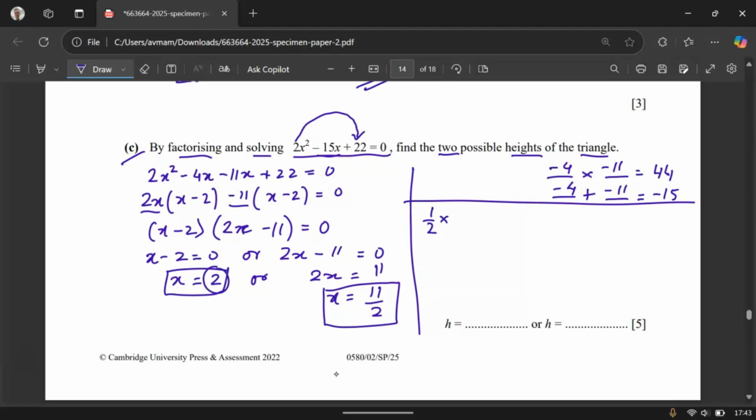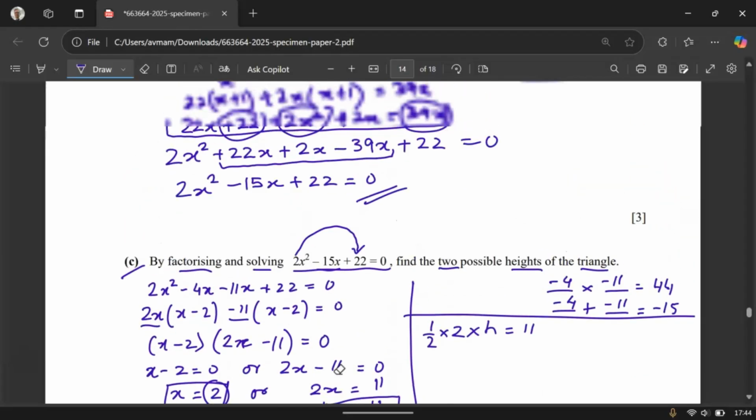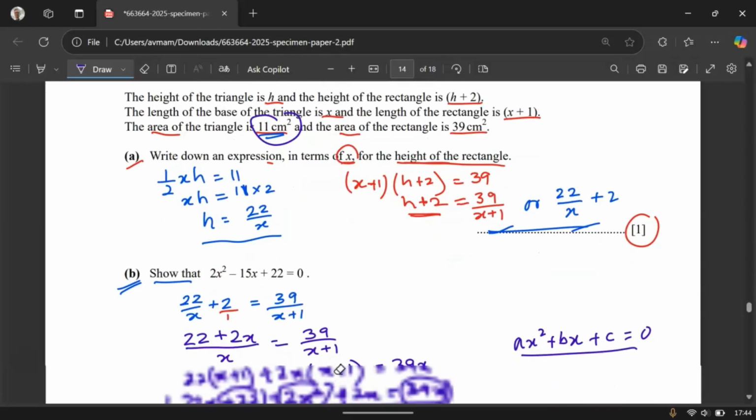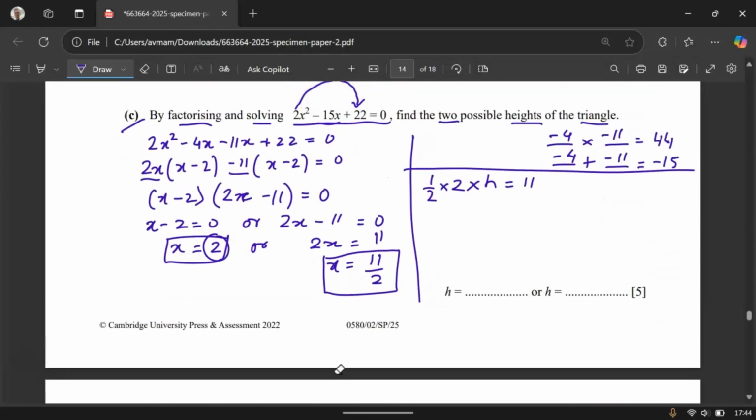So let's use 2 first. Half times 2 times height, and the area is already given in the question, which is 11 square centimeters. And then 2 and 2 cancel each other. So height equal to 11. So one of the heights is 11 units.